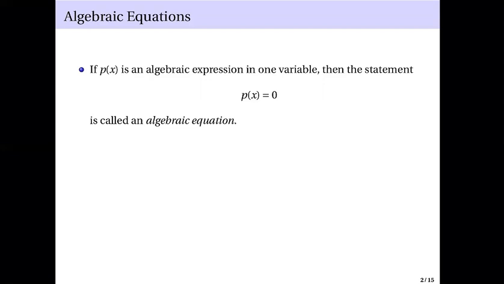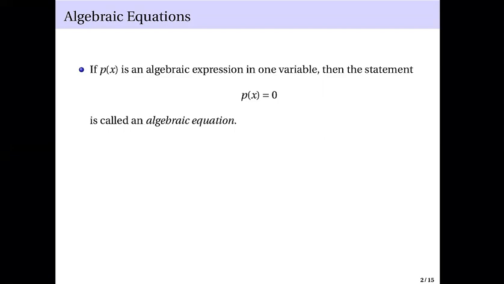It can also be rational expressions, complex rational expressions, and even radical expressions. If p of x is an algebraic expression in one variable, here the variable is x, then the statement p of x equals 0 is called an algebraic equation.